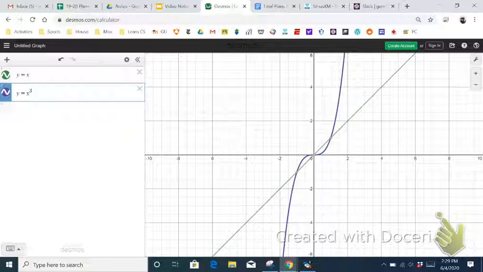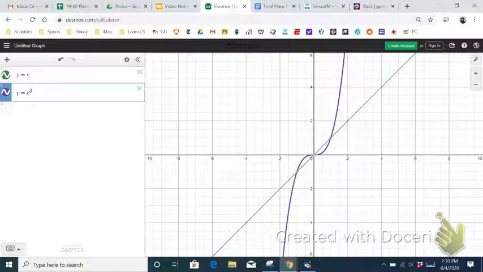Between 0 and 1, I want you to notice how the purple graph is below the green graph. And then when x equals 1, they are the same point. And then when x is greater than 1, the purple graph is above the green graph. Now if we look at why the purple graph is above the green graph after 1, that's because when x is greater than 1, when you cube it, it's going to be greater than what you cubed.